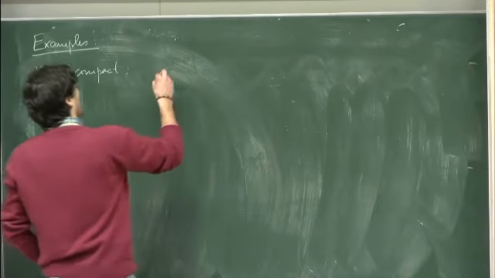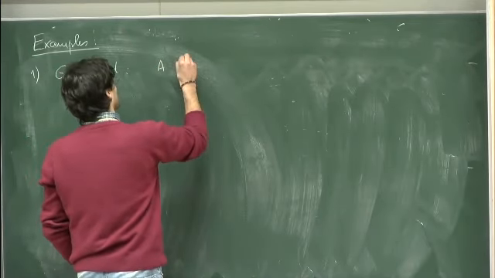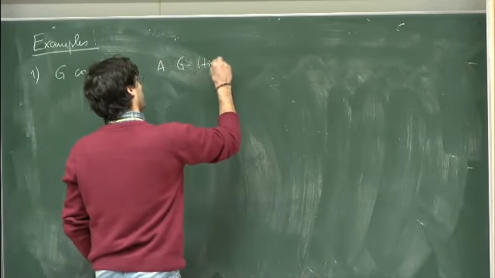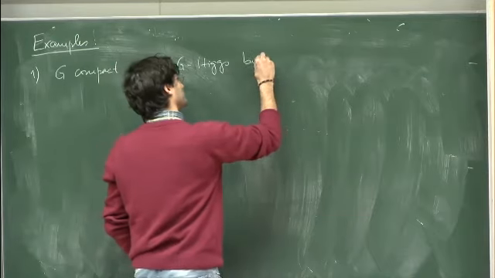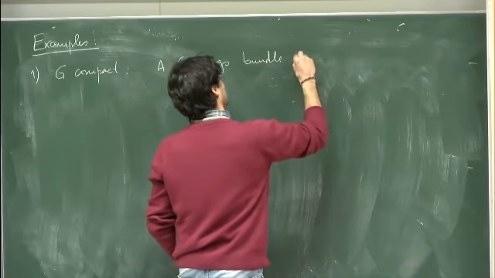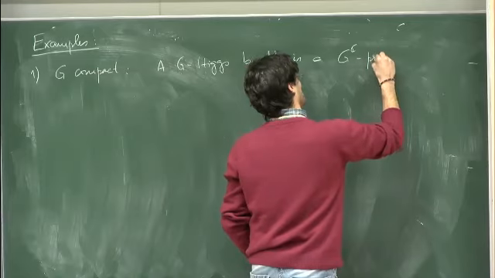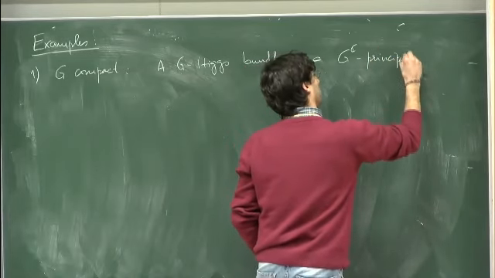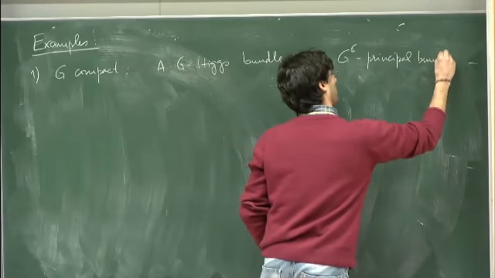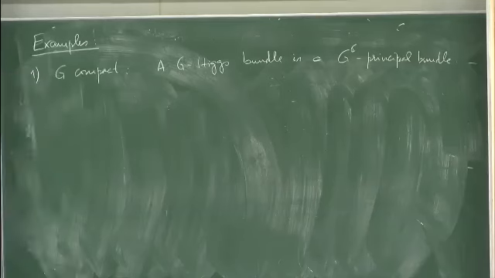So when G is compact, a G-Higgs bundle is a G^C principal bundle.